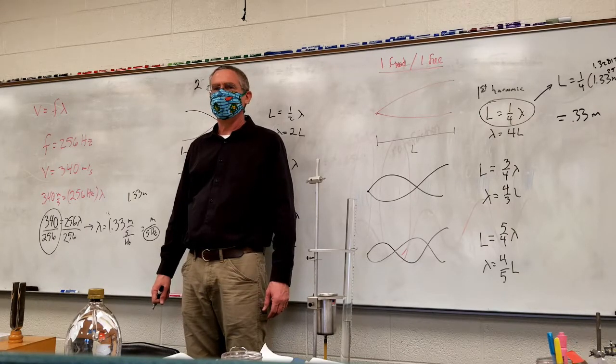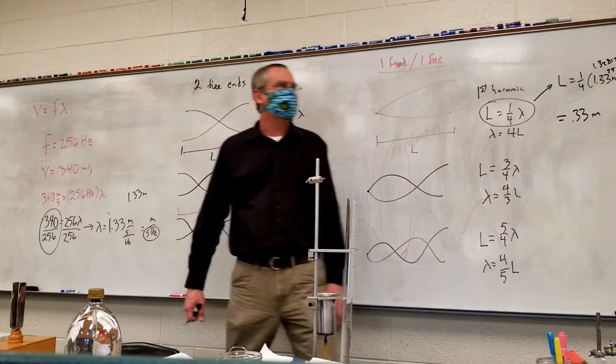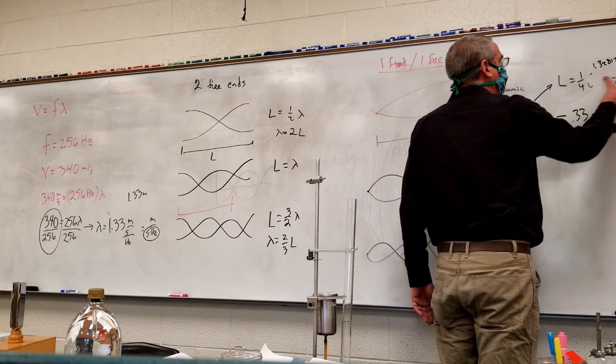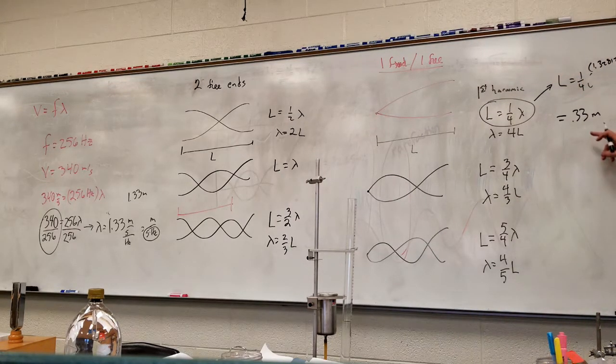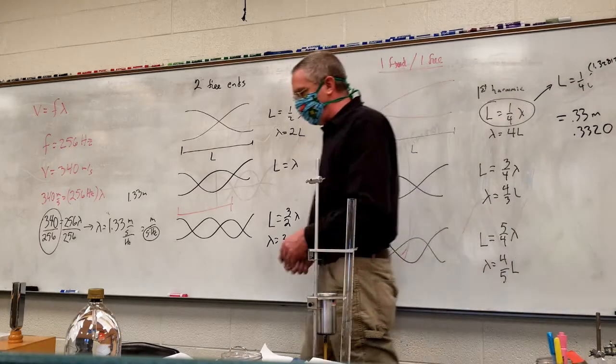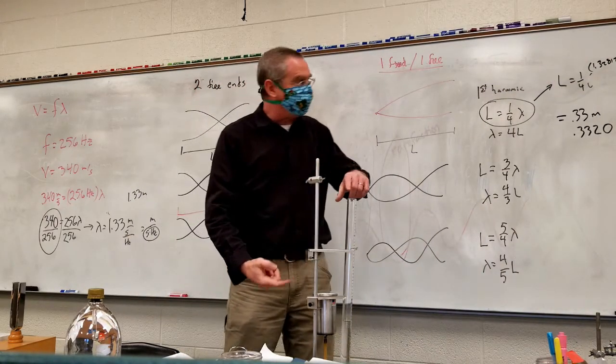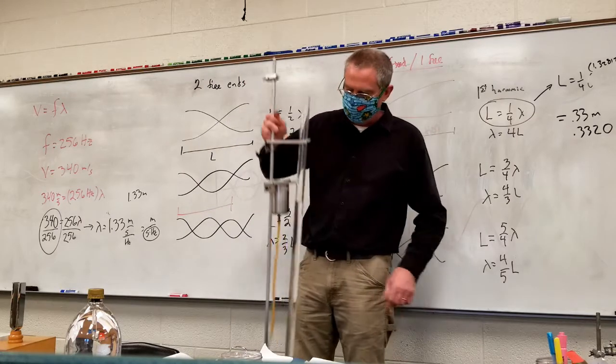I had 1.328125. Okay. And then when you take a quarter of that, it rounds off to 0.33. Let's go out one more decimal place. 0.3320. So what I'm claiming is that it should be louder when the air column here is 0.3320 meters tall.